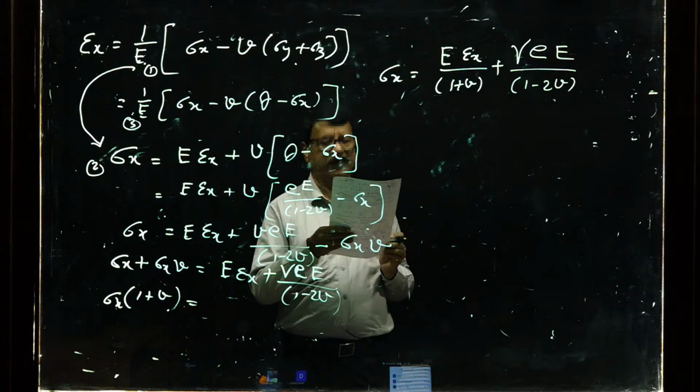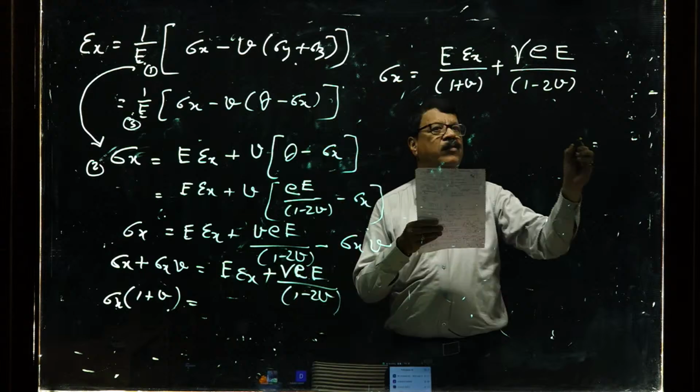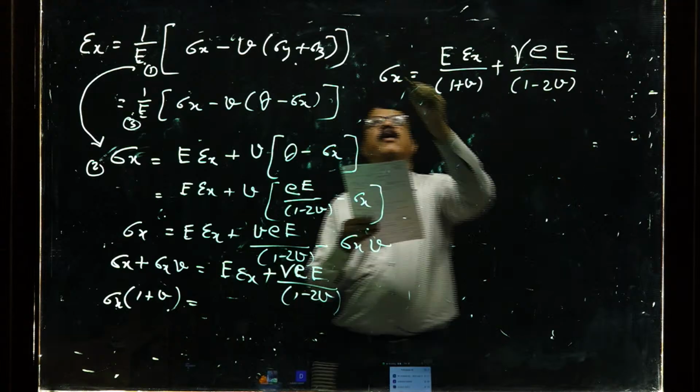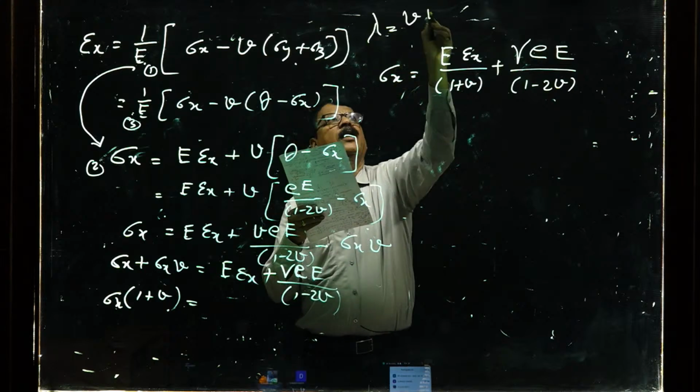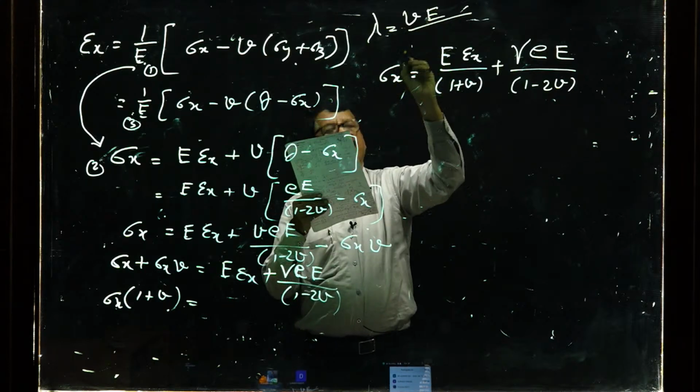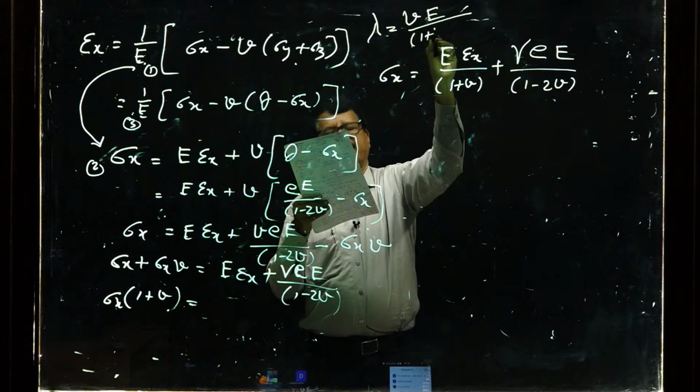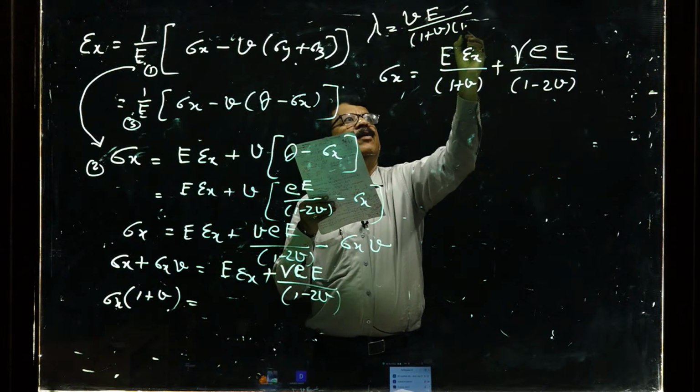If lambda is equal to V E upon 1 plus V, 1 minus 2V.